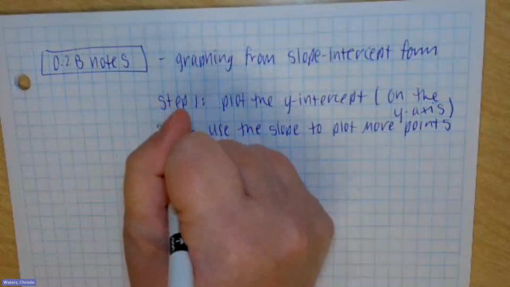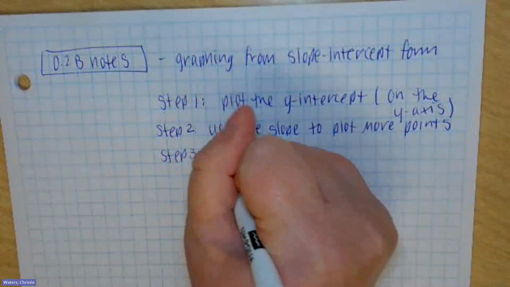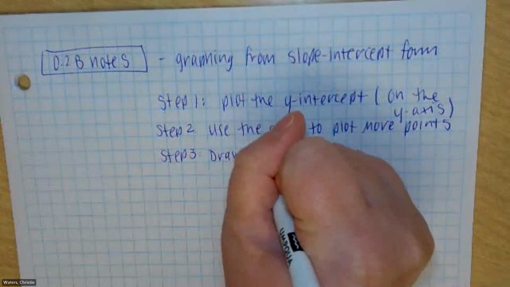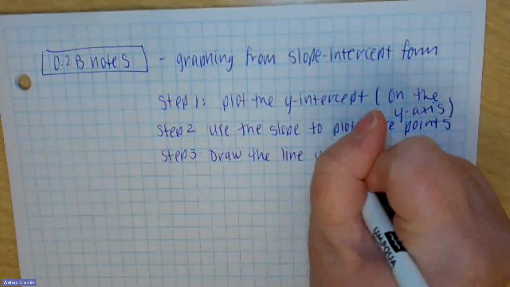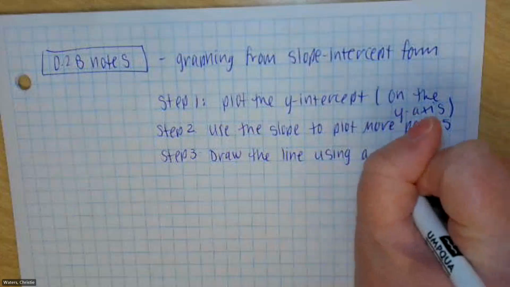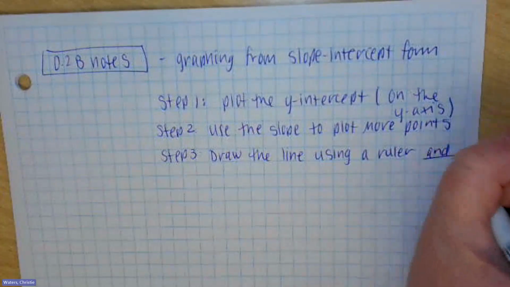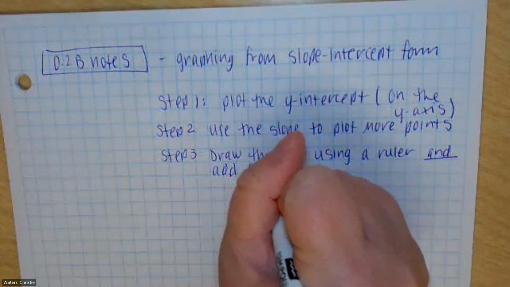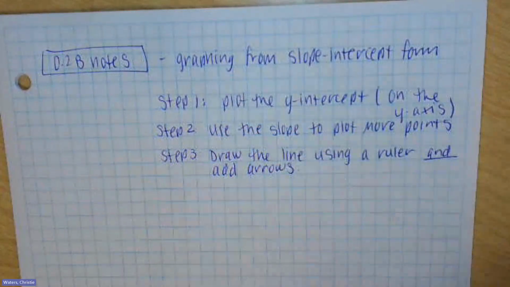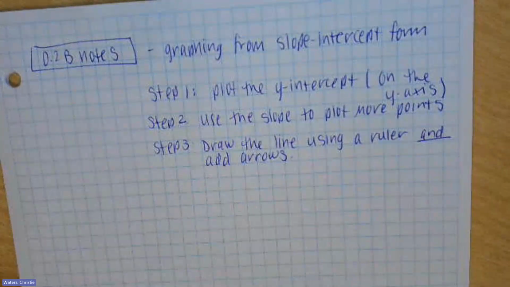And step 3, we're going to draw the line using a ruler. And we are going to add arrows. Okay, so we want to draw a straight line and we want to put arrows at the end.